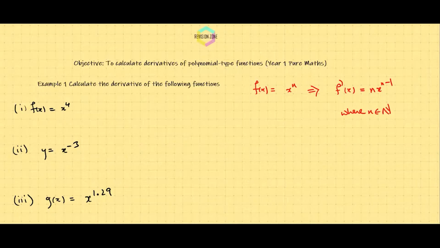So using that statement in the red, I can basically differentiate the first function, and I'll simply get f prime x is 4x cubed. Now, question 2 in this example, I can't use the statement in red immediately. And obviously the reason for that is the power, in this case, happens to be -3, which is not a natural number.